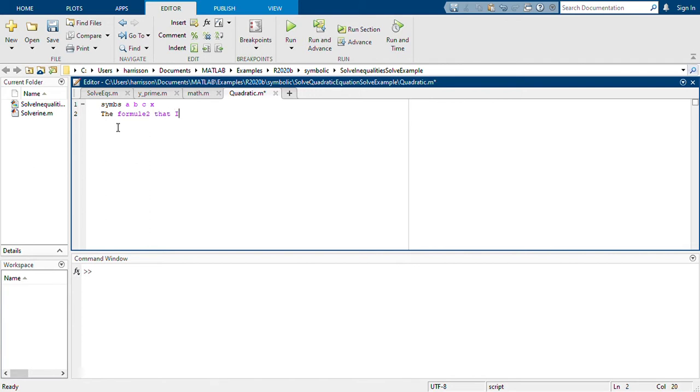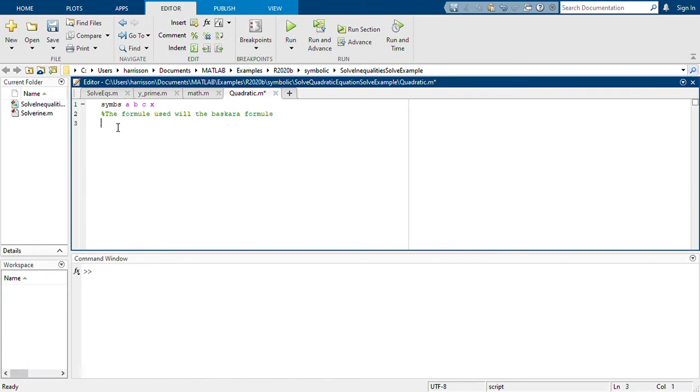Sorry, to write things, you need to put this symbol here. The formula used will be the Bhaskara formula.